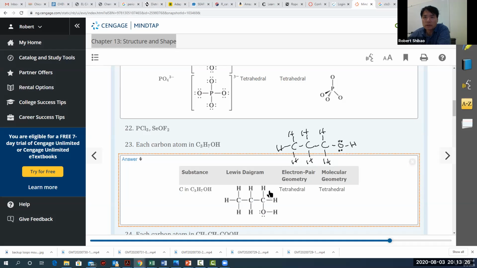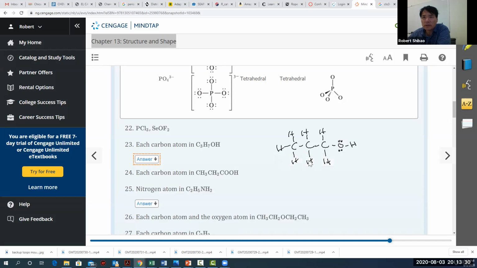So the situation with a Lewis structure is it doesn't give us the three-dimensional shape. Like this first carbon's tetrahedral. And so we could try to draw this out like this: 2 in the plane, 1 coming out, 1 going in like that. It's tetrahedral.